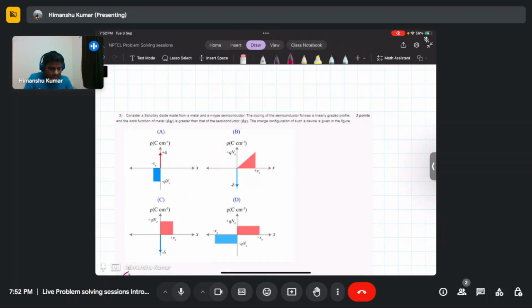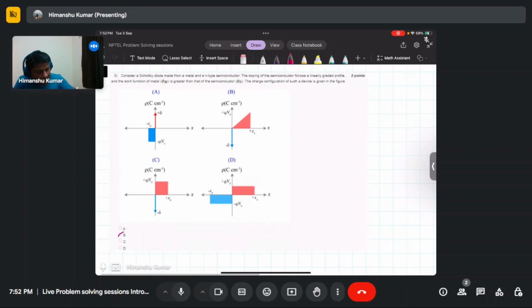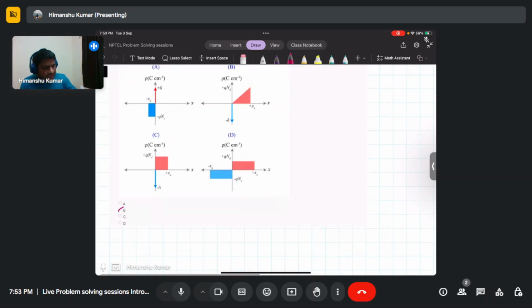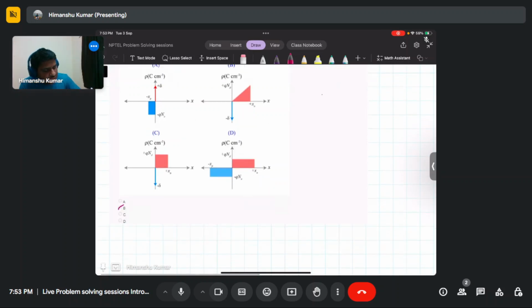So consider a Schottky diode made from a metal and an n-type semiconductor, and the doping profile follows a linearly graded profile. The work function of the metal is greater than that of the semiconductor. The charge configuration in such a device is given as? In the case of a linearly graded charge profile, your rho_s is basically some kx.